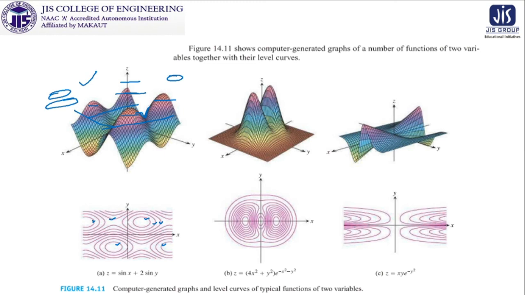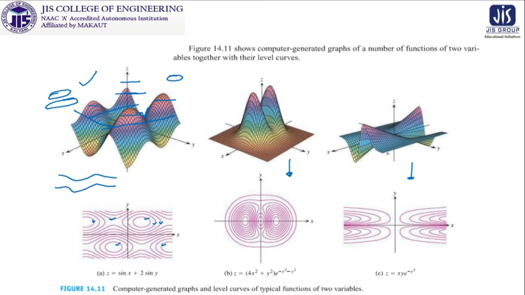Because this will not be closed, it will have some shape of this form, what is stated over here. So this is the most important part of visualization. Similarly, this is for this one and this is for this one.